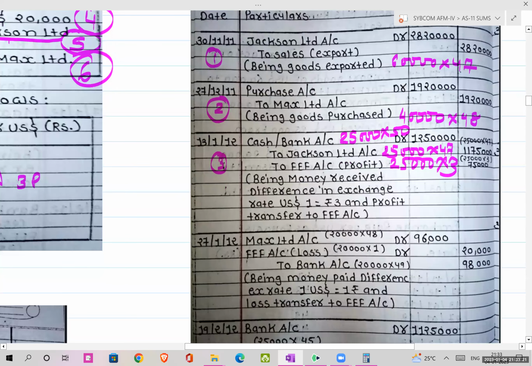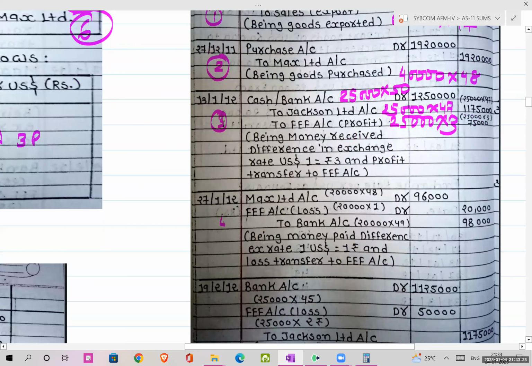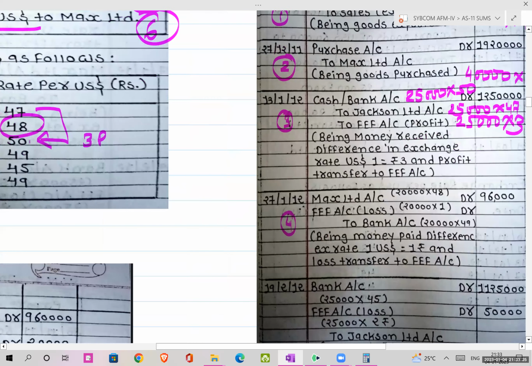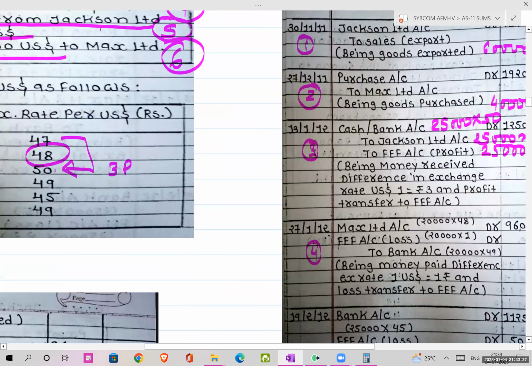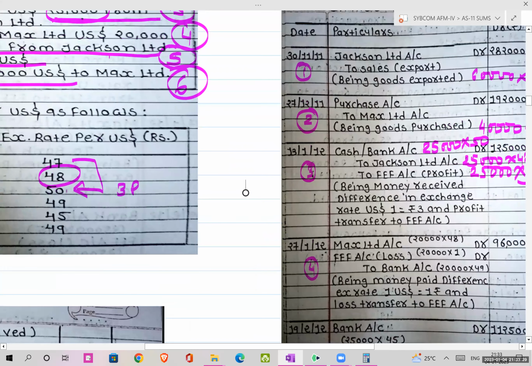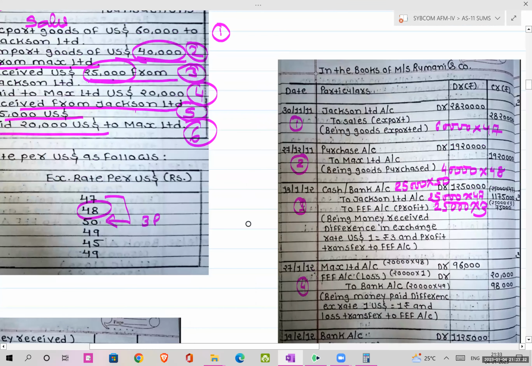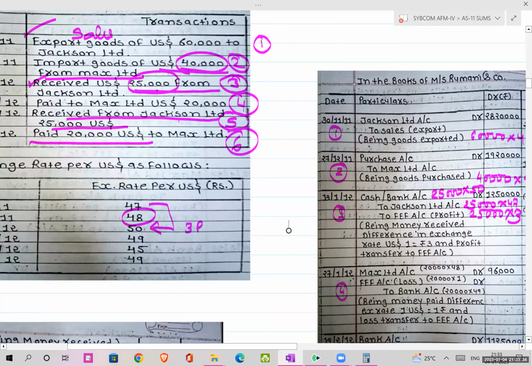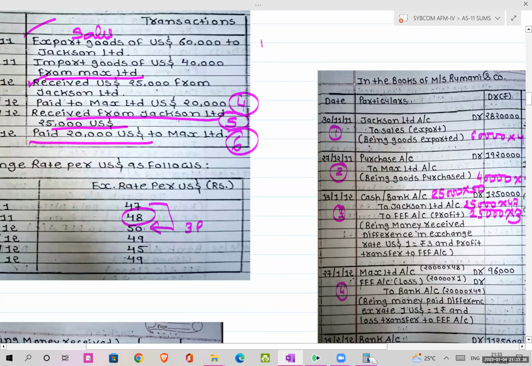Then this is my fourth transaction. Fourth transaction, yeah, $20,000. This one, $20,000, and the rate is 49.